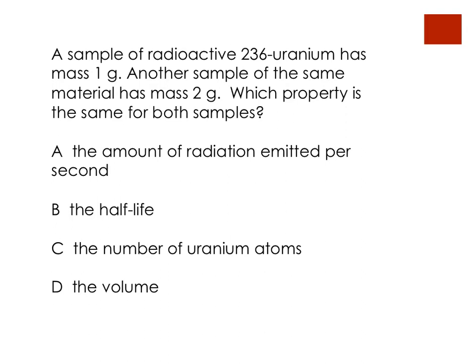Okay, so let's think about this. They have 2 different masses, so that's because they have different numbers of uranium atoms. It's not going to be the same. That being said, 2 different masses have 2 different volumes. So let's think about the amount of radiation emitted per second.